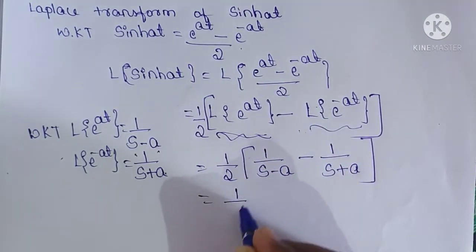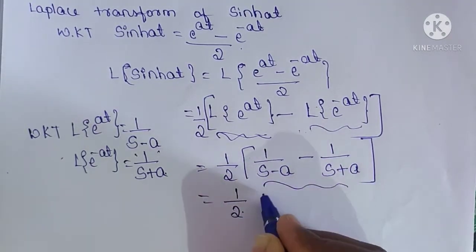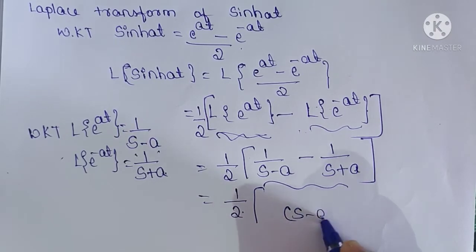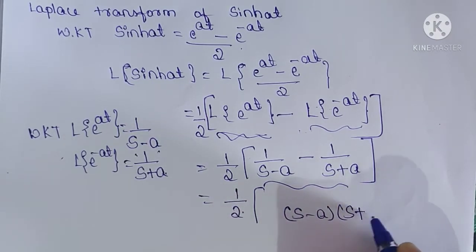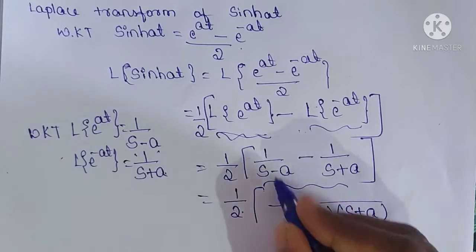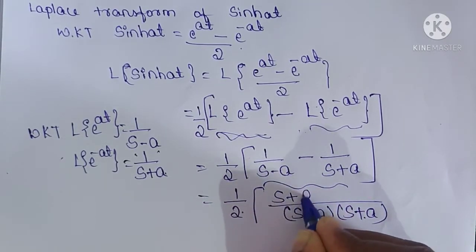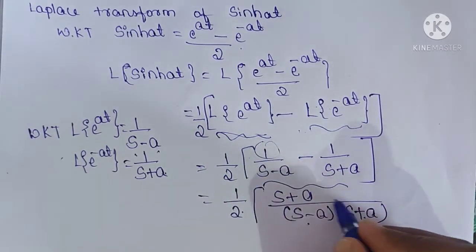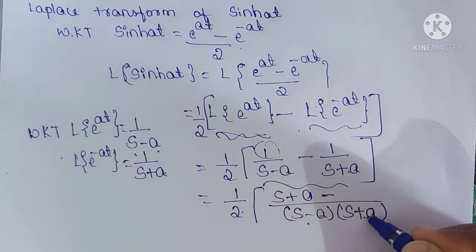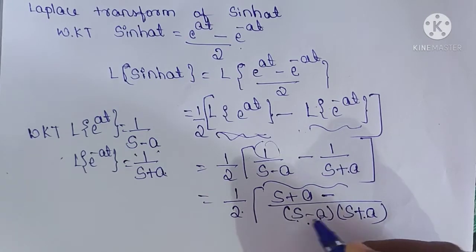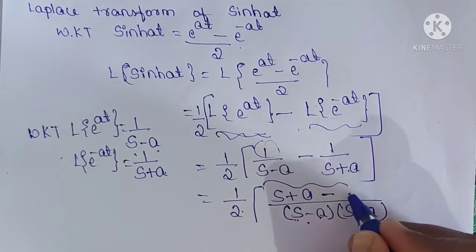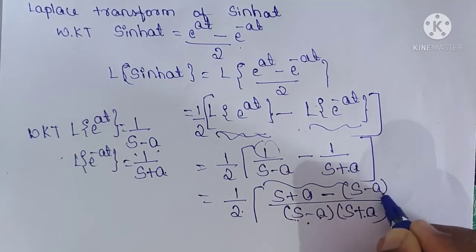Now 1/2 as it is, take the LCM, (s minus a) into (s plus a). Now (s minus a) gets cancelled, remaining (s plus a) multiplied to the numerator of this one, minus (s plus a) gets cancelled, remaining (s minus a) multiplied to this one.